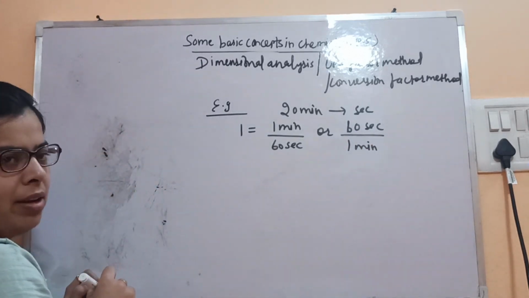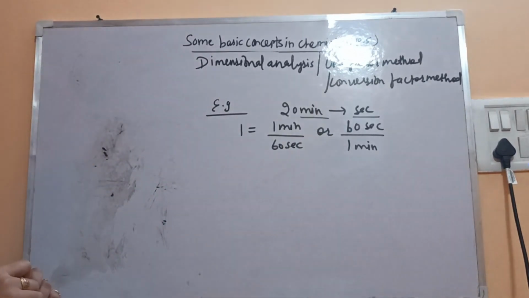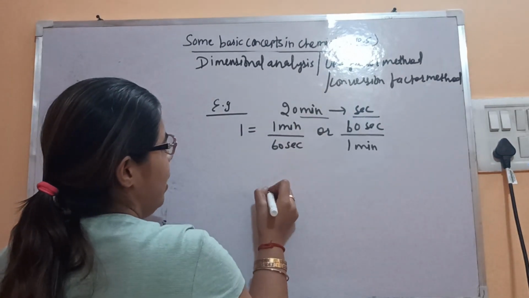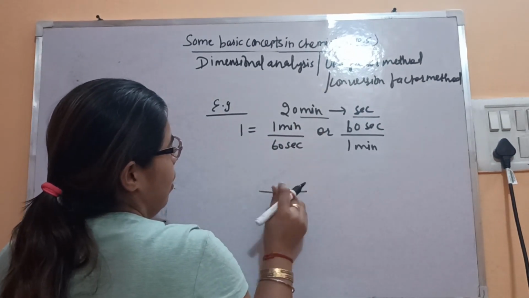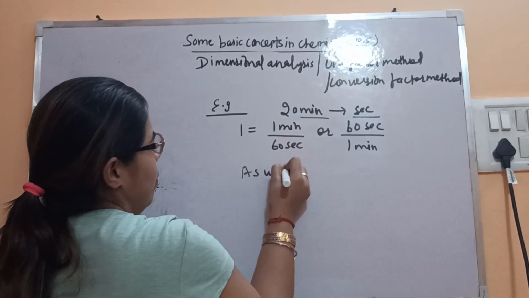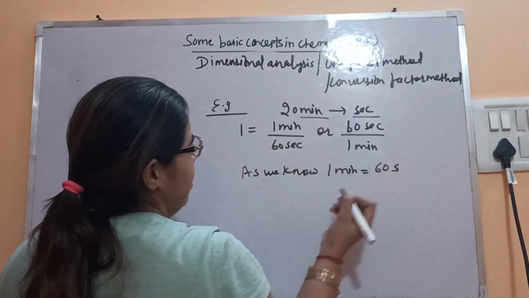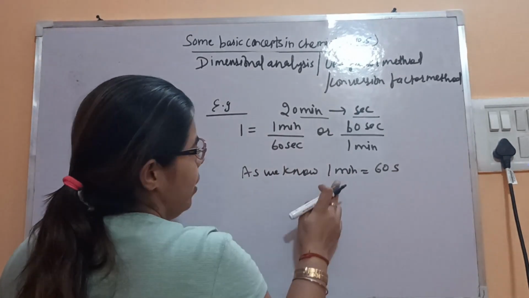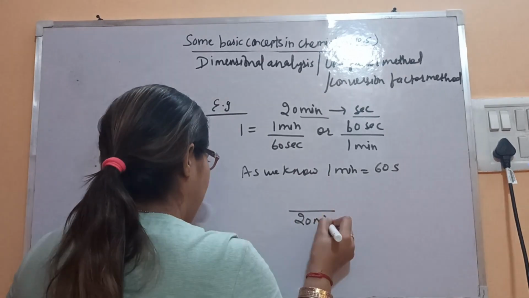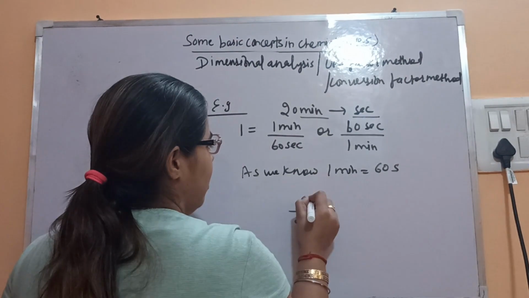Now what is our question? Minute to second. So the unit that needs to be converted, meaning minute, take in the denominator. As we know, 1 minute is equal to 60 seconds. So take minute in the denominator, and the required one is seconds, so take 60 above.